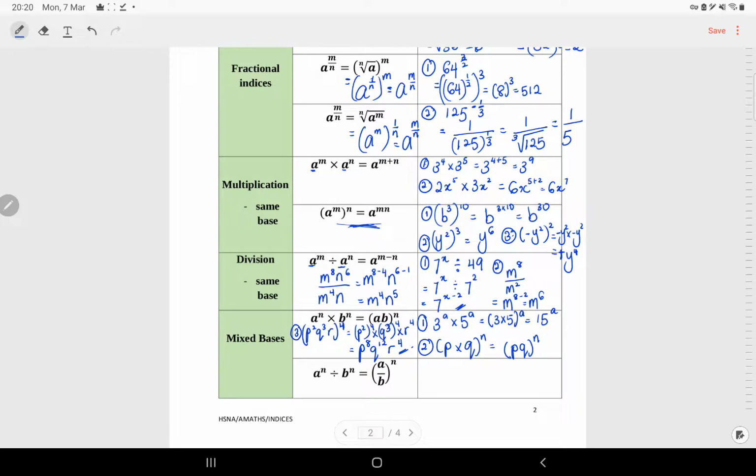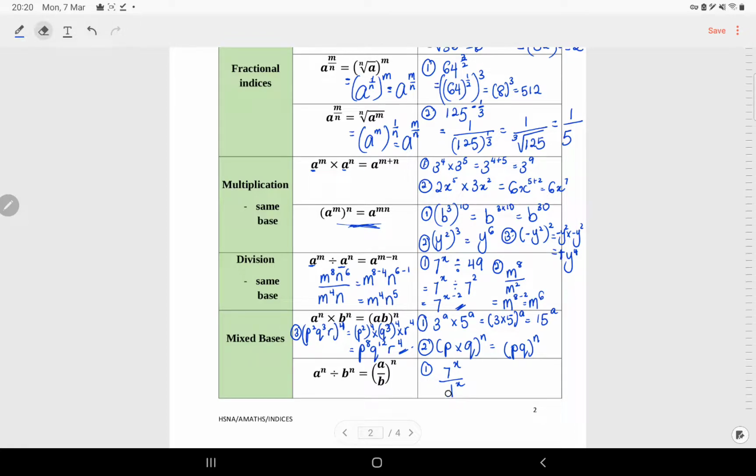The last one, same thing for division. When you have different bases and it's division, you divide the constant. So for example, you have 7 to the power x over 21 to the power x.